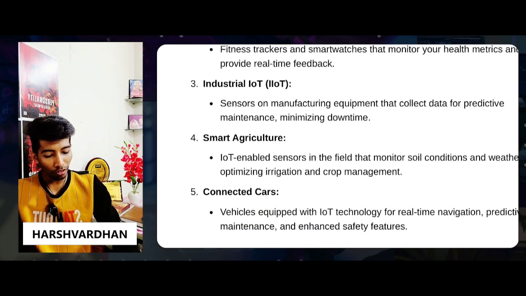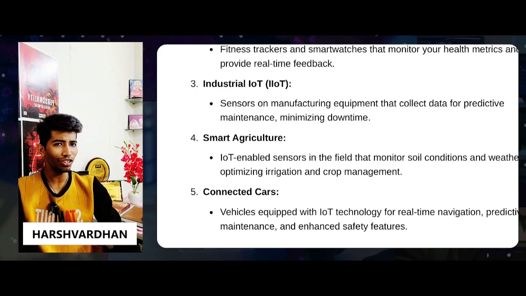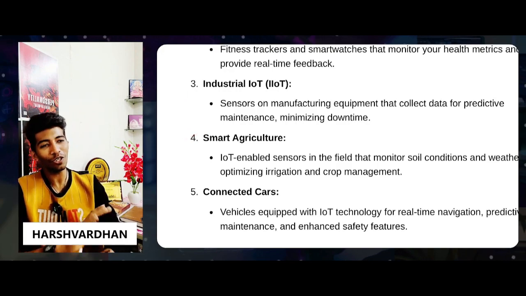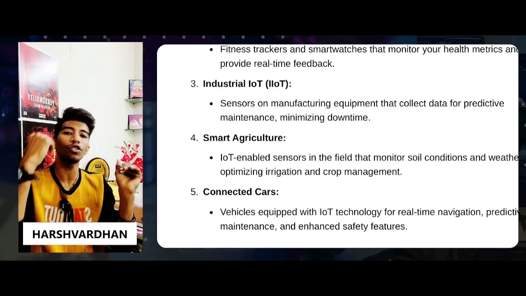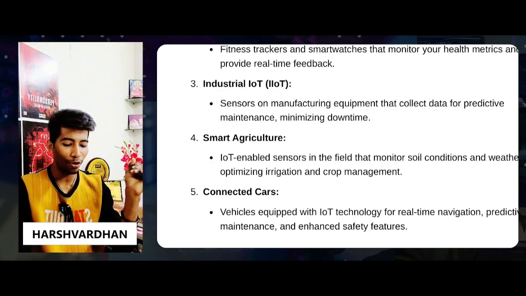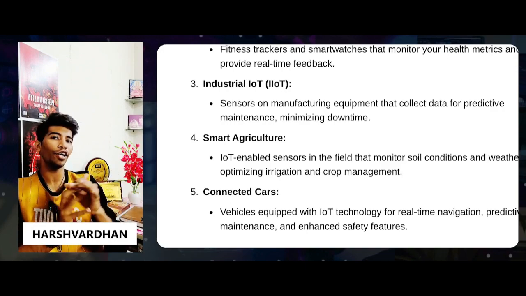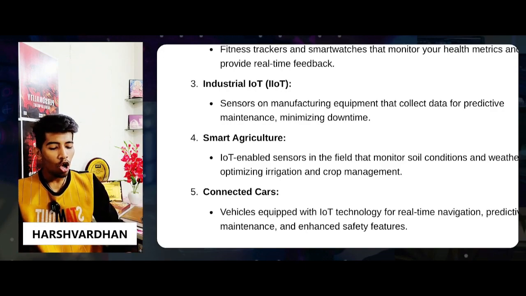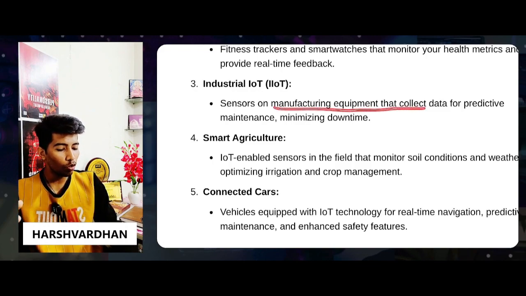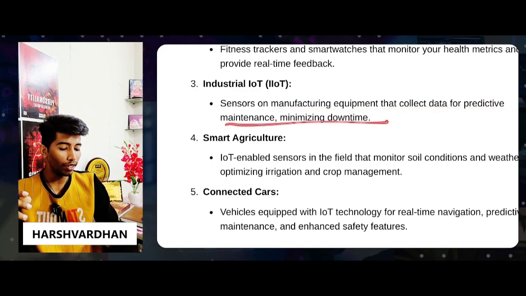Talking about one more thing which is famous is IIoT. It's very interesting, like two I's are there. So it's not as simple as IoT, but it is industrial IoT. When I talk about industrial IoT, it is some kind of industry based solution. For example, sensors on manufacturing equipment that collect data for predictive maintenance and minimizing downtime.